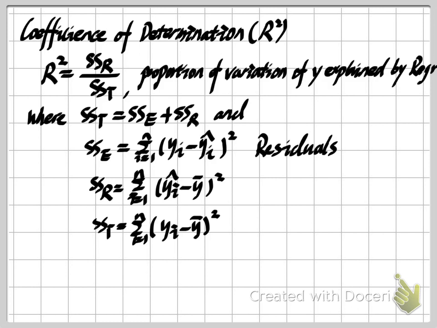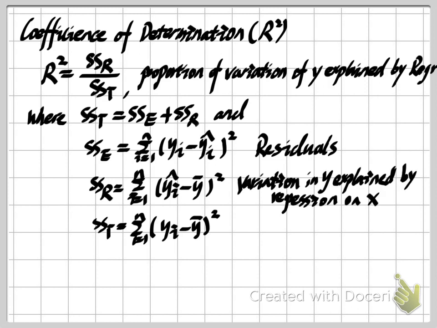And the next one is our SSR. SSR is the one about our variation. This is the variation in y explained by the regression on x.